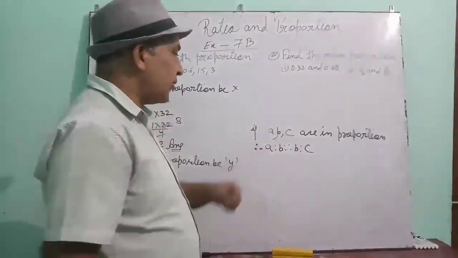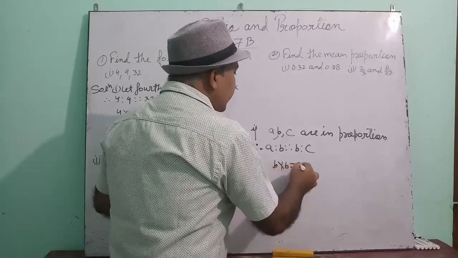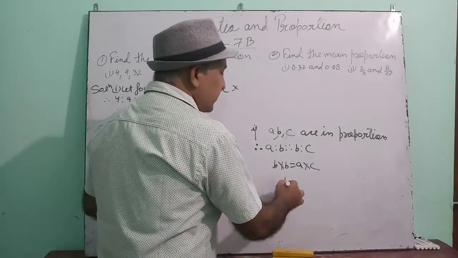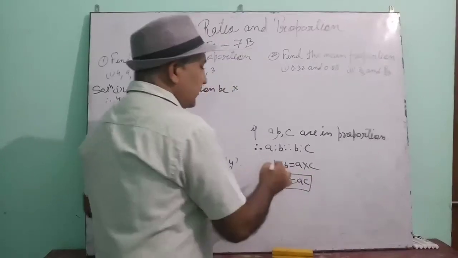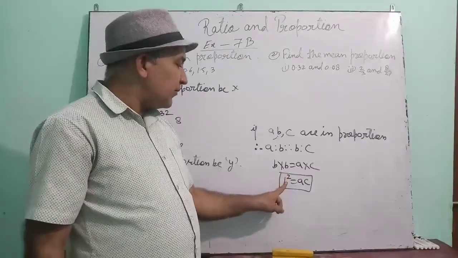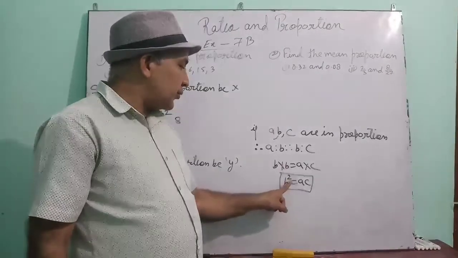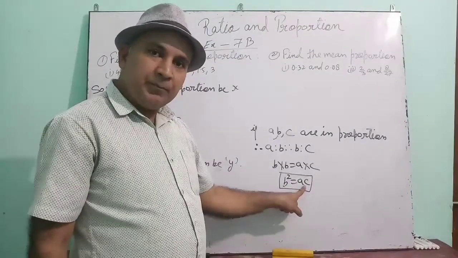Now from here you can see that product of mean is equal to product of extreme. That means B square is equal to AC. This is a formula you have got. The square of the mean proportion, is equal to product of extreme.